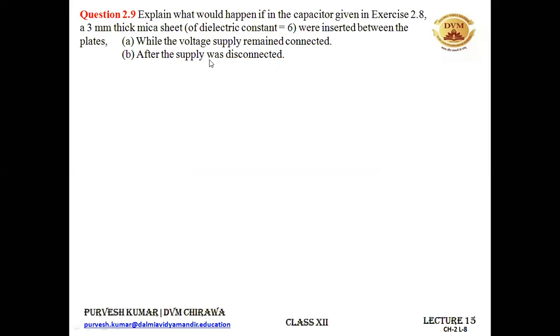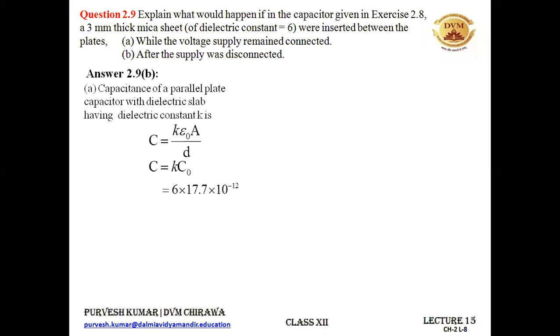But when the battery is disconnected, it means there is no device to supply the charge now. But you have increased the capacity by inserting the dielectric slab. So the capacitance will increase. It will be the same one, 106 picofarad, because the insertion of a dielectric slab with dielectric constant K increases the capacitance K times. So the capacity is increased and the new capacitance has become 106 picofarad.